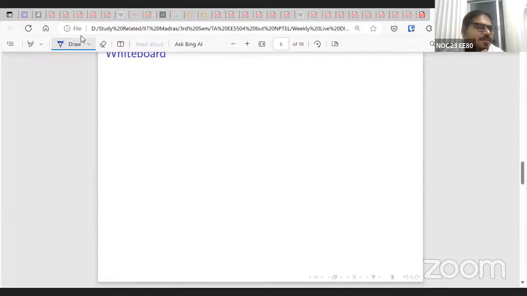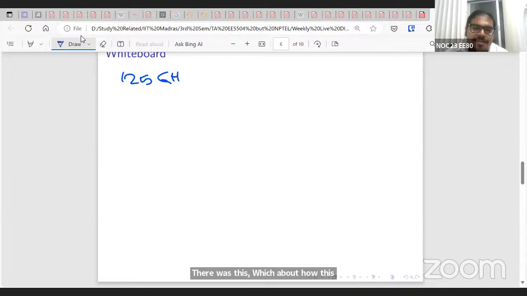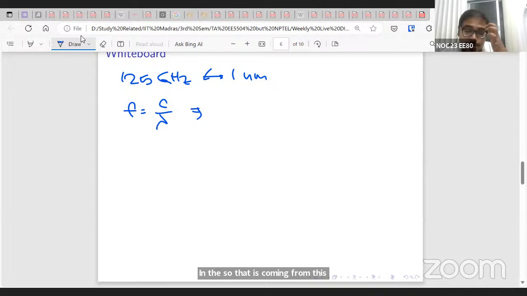There was this question in the forum about how this 125 gigahertz corresponds to 1 nanometer. So that is coming from how small changes in f correspond to small changes in lambda. So what we are writing is this.